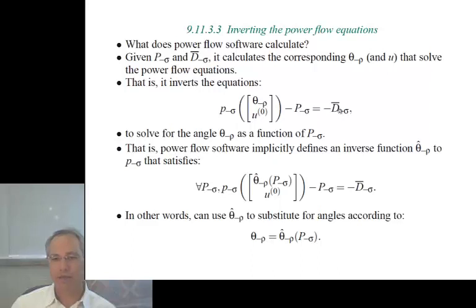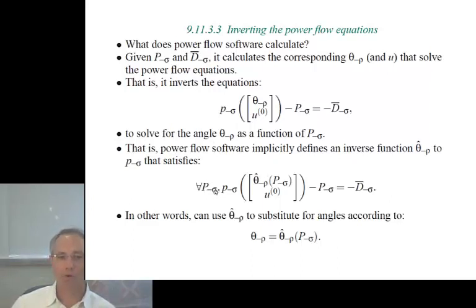Let's assume that the demands are fixed for the moment and assume that the only thing we're varying is the real power injections. We can think of power flow software as taking the real power injections everywhere except at the slack bus and returning the angles. Of course, it also tells us the generation at the slack bus.